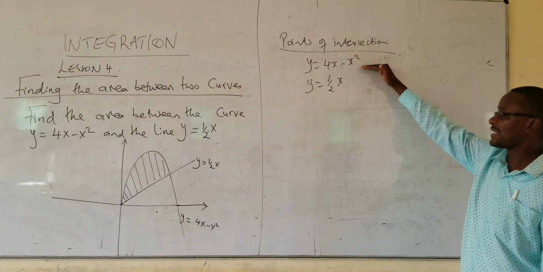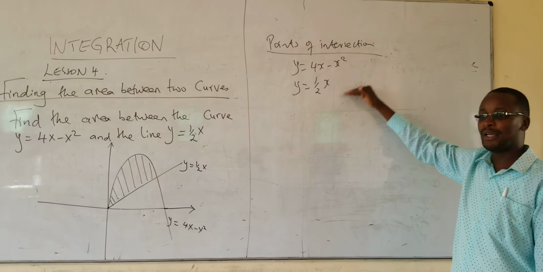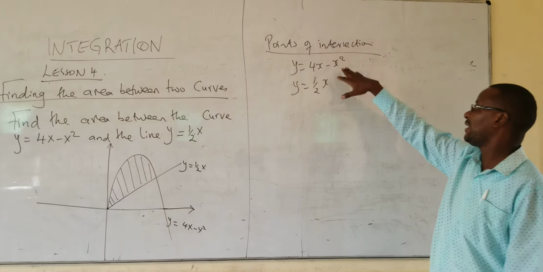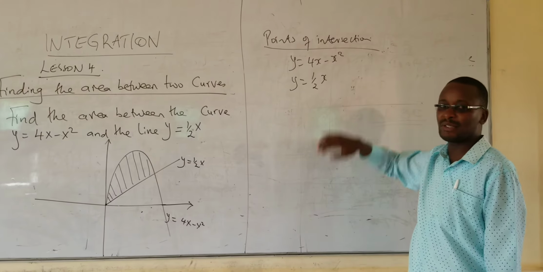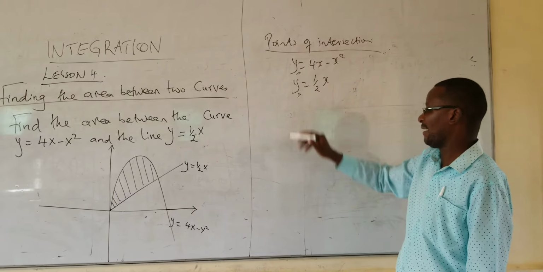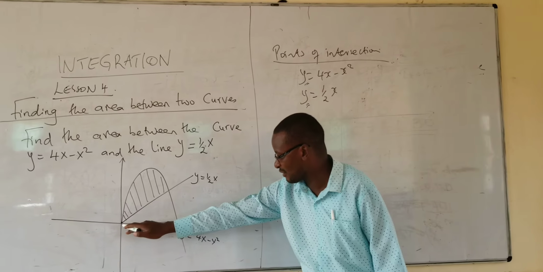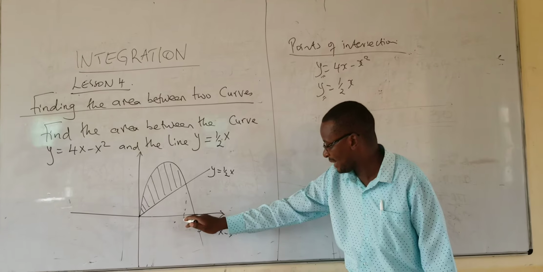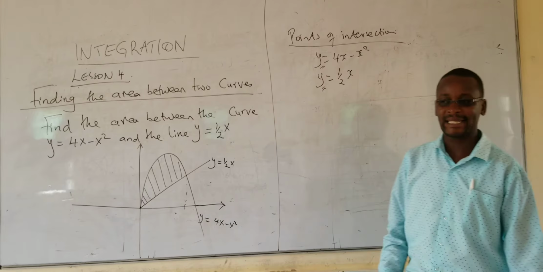At the point of intersection, that point must satisfy these two equations. So it means we solve these two equations simultaneously. We may not require the value for y here because we are integrating using the values of x. So we need to know this value of x and this other one where these two intersect.